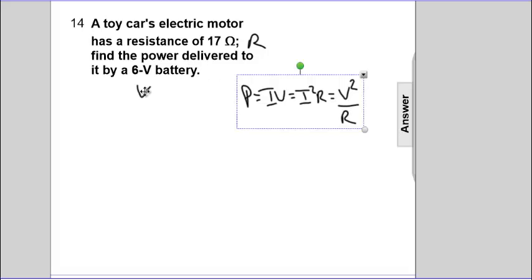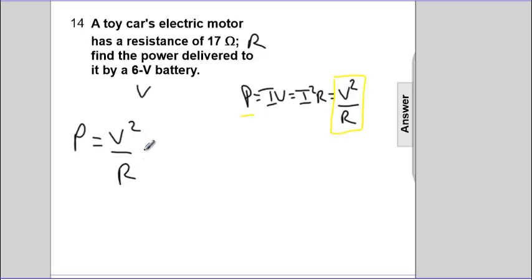If you look here, we're given voltage and resistance. So we could use the fact that power is indeed equal to voltage squared over resistance. So I'll write P is V squared over R, and we can sub the numbers in. We get 6 volts squared divided by the resistance, 17 ohms.